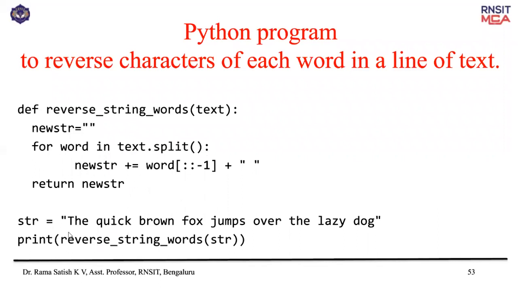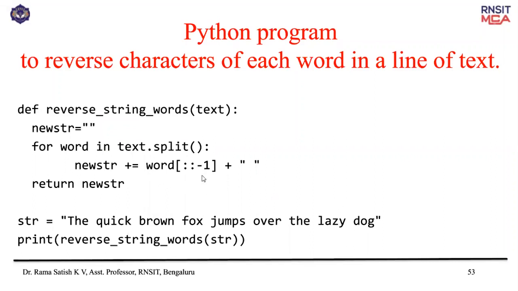Automatically, the line of text is split based on the space. And each word becomes an element of the list. It becomes a list of words, and word is going to loop for each word in that particular list.